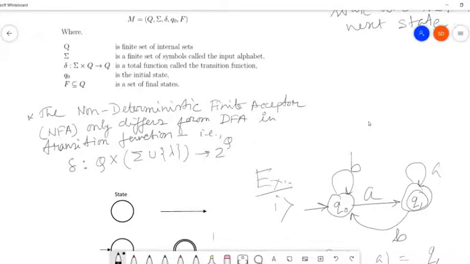Q here can be thought of as the cardinality of the set Q.